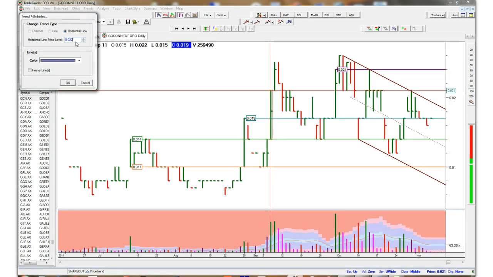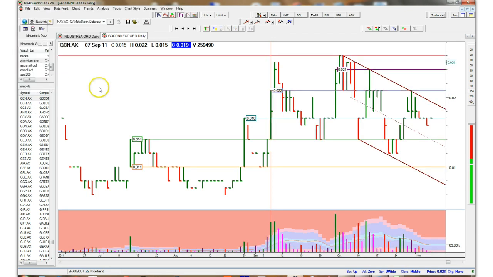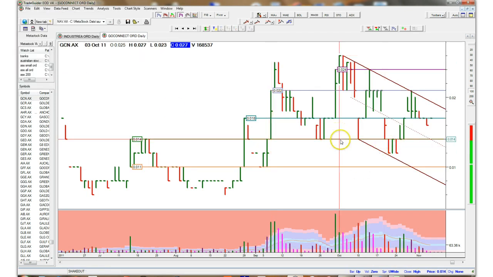It being a penny stock, it's quite erratic, so it's a bit hard to tell unless something really pops up and hits you in the face. But we've got really high volume here, and we've broken the low of this bar.